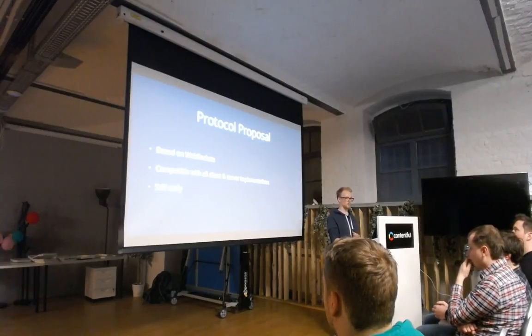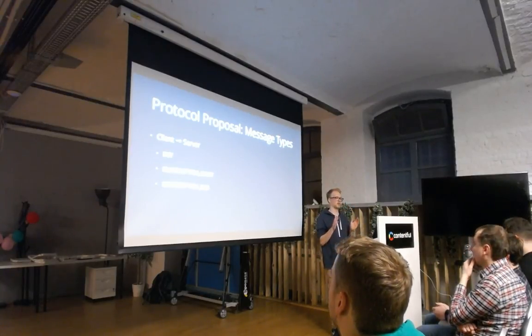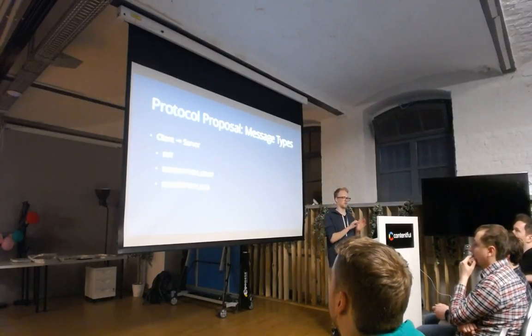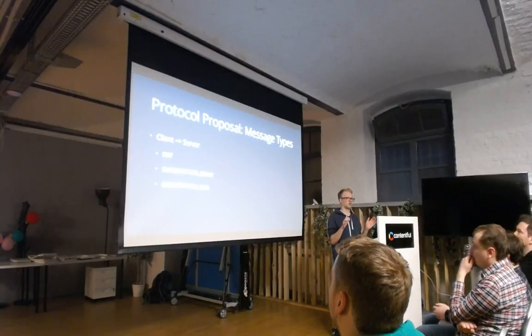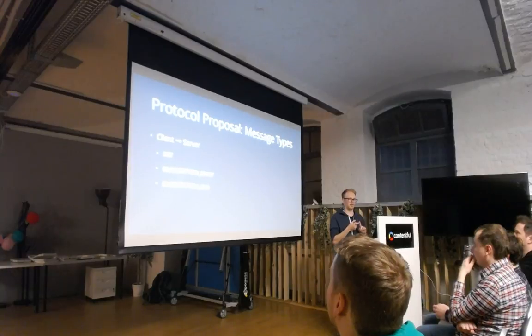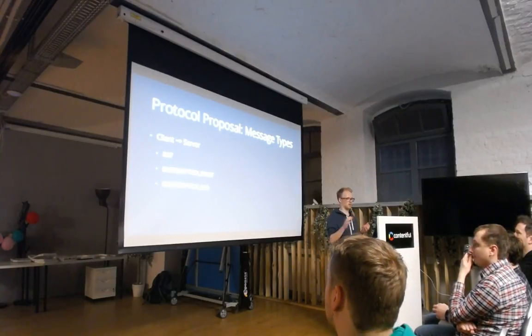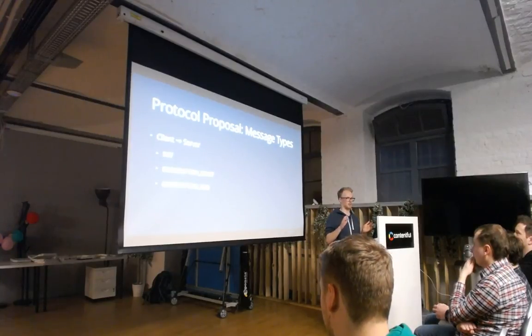So this is what the protocol proposal looks like: it has certain messages it sends over the WebSocket connection. When the client interacts with the server, the client can send an init message. This is how it tells the server, hey, I want a connection, a subscription with you.